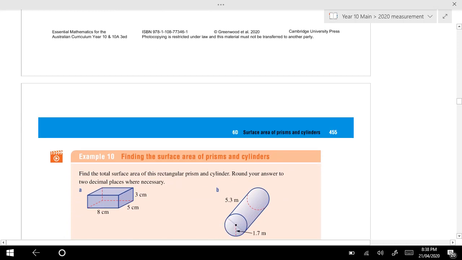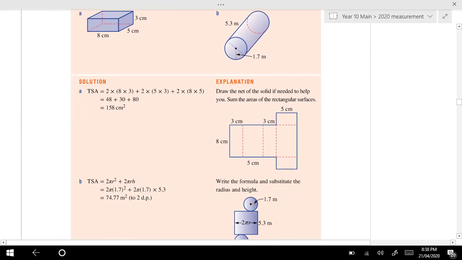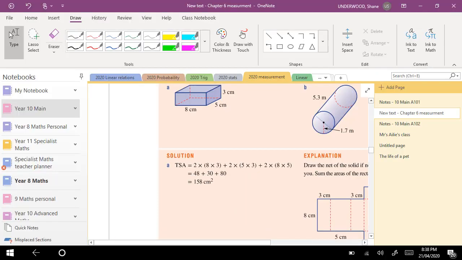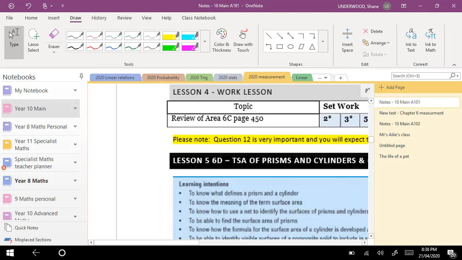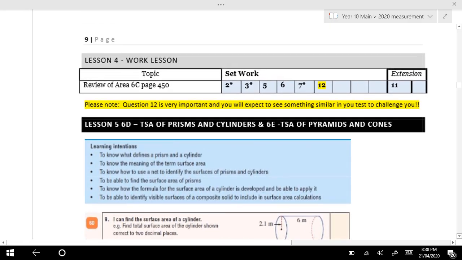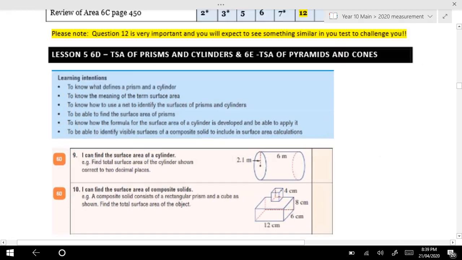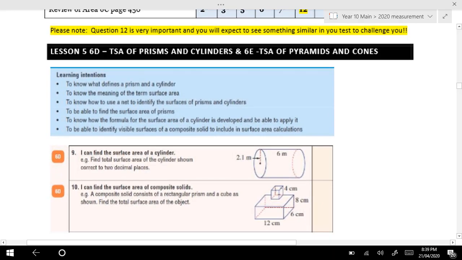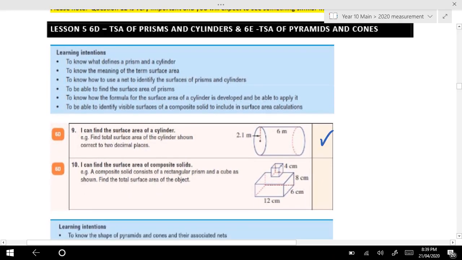All right, so this is something we need to think about when we're doing those questions. What we're going to do is I'll go through your notes now. If you've got your notes in front of you, please have them out. We're at page 9. I'm going to go through surface areas of cylinders, and I'm also going to be looking at some composite solids.